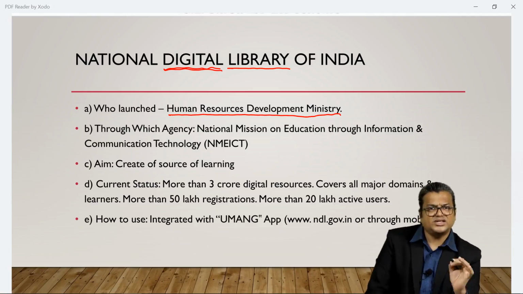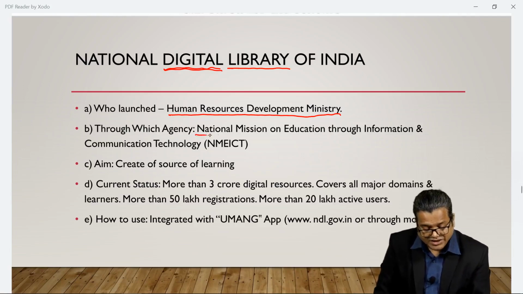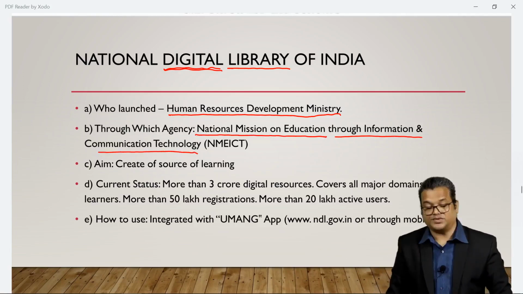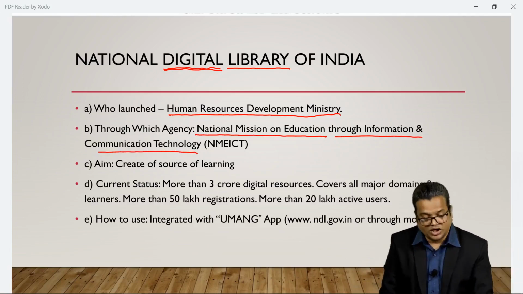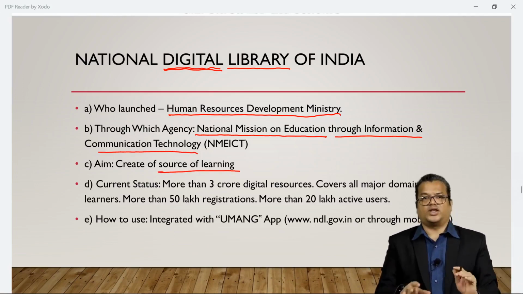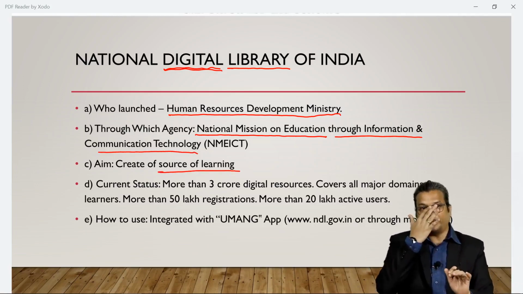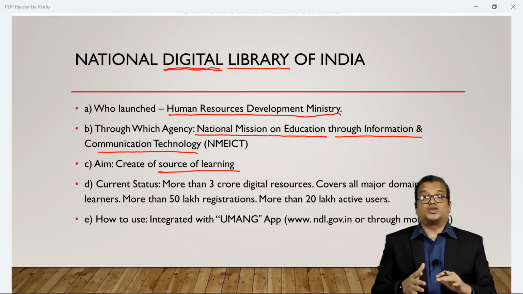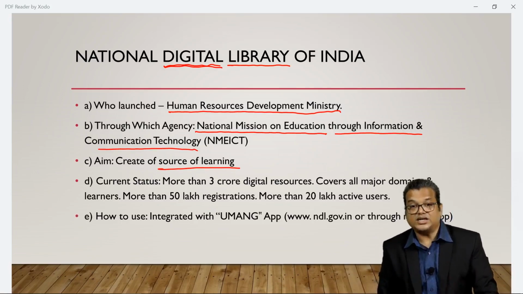There is some agency to perform it. Who's that? National Mission on Education through Information and Communication Technology. Obviously, the aim is to create a source of learning, wherein you can log in and obtain a lot of data. Right, friends? So where should we log in? Yes, the details are given over here, friends.